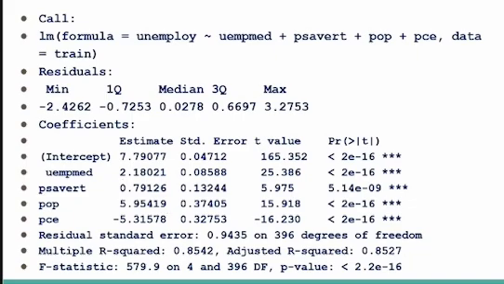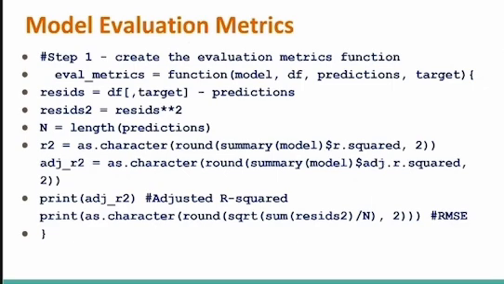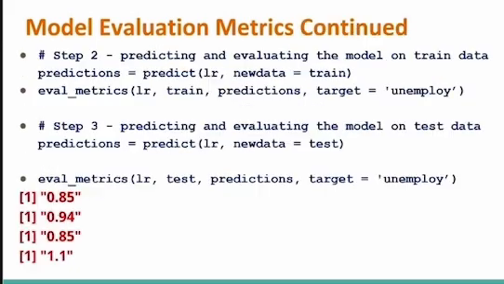After getting this, I need a metric of evaluation. I want to get the adjusted R squared, and at the same time, I also want to get the root mean square error. Take a look at this. I'm going to get the adjusted R square for training and for test, and the root mean square error for training and for test.